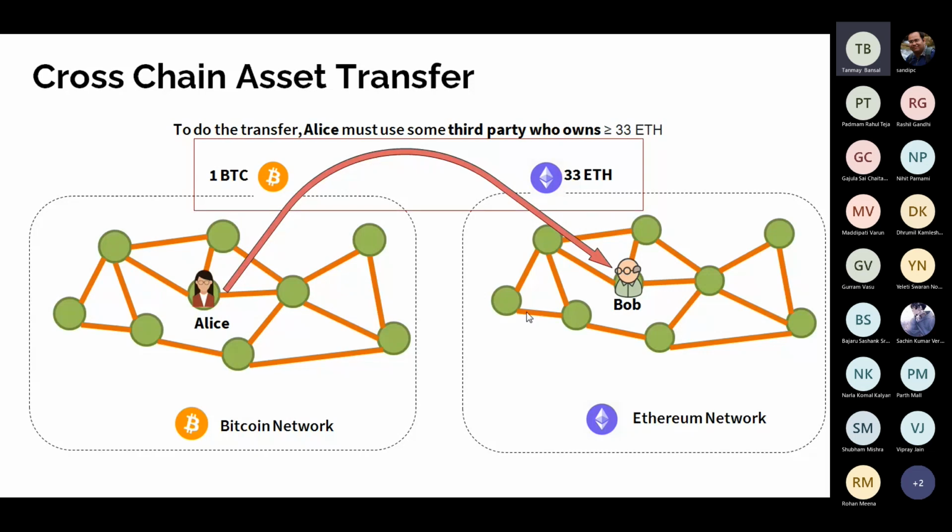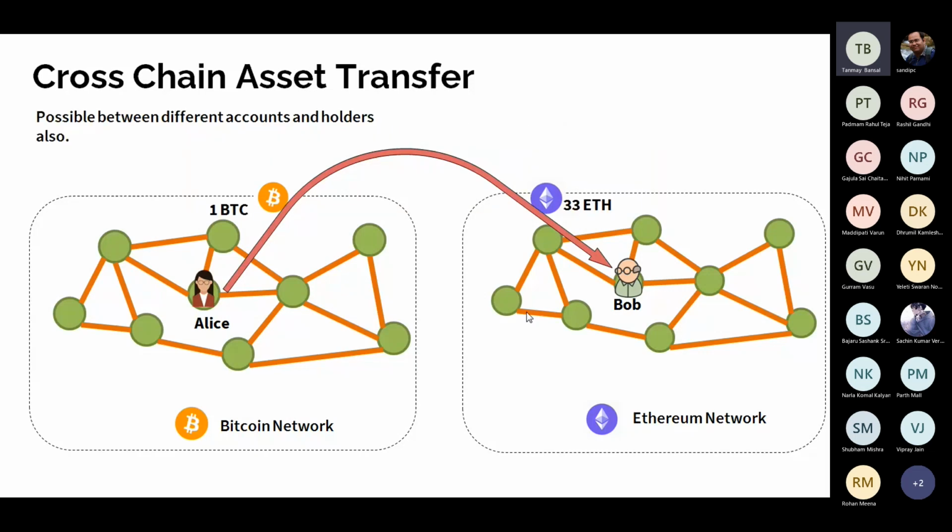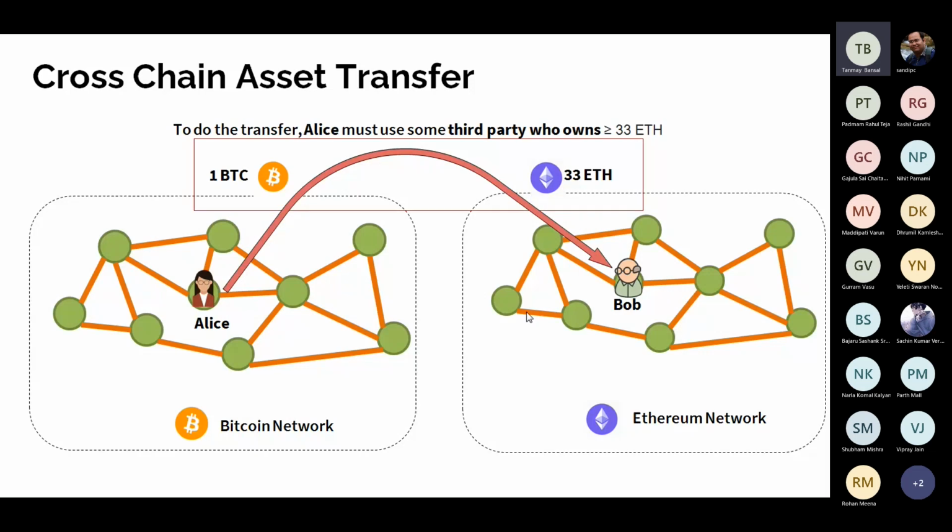Now, how can this possibly be done? You see in this example, Alice is a member of the Bitcoin network, and Bob is a member of the Ethereum network. So one possibility is that for doing this transfer, Alice uses a third party who owns more than 33 ether.